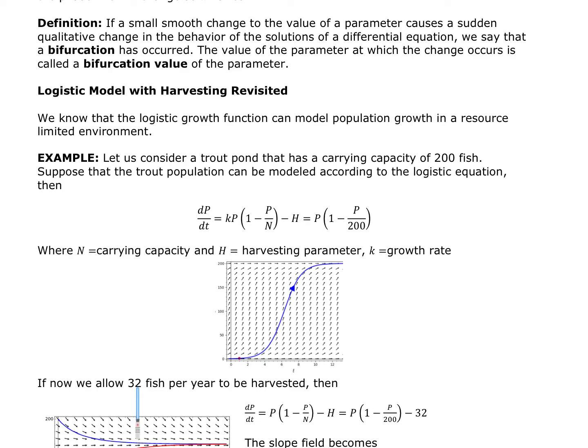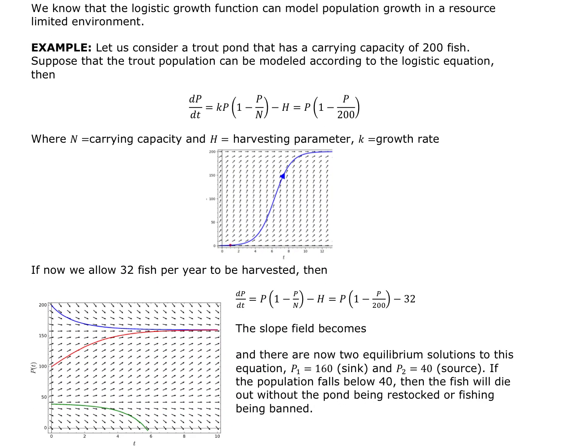If we allow 32 fish per year to be harvested, then you can see that P is still the same as up here. 1 minus P over 200, still the same, but now I'm harvesting 32 fish. This is my alpha. This alpha is 32 fish, which is being harvested.